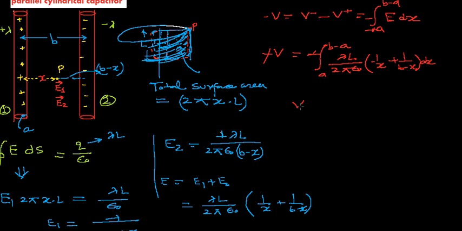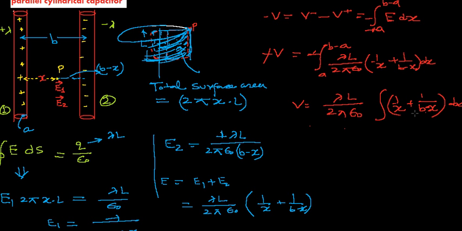Then the total V will be equal to lambda L divided by 2 pi epsilon naught times the integration of 1 by x plus 1 by b minus x dx, right?